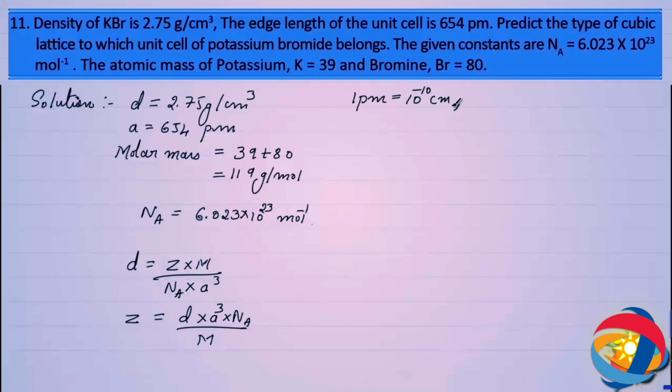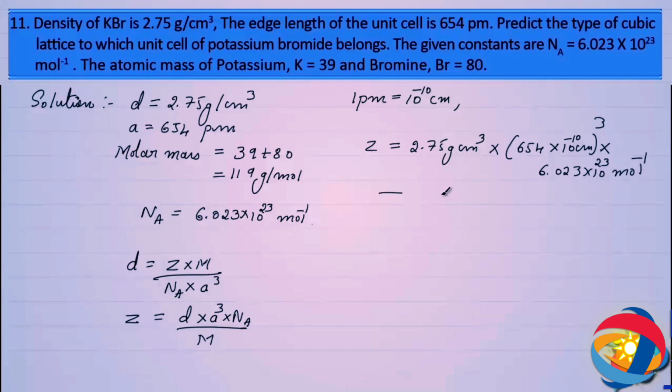By substituting the above values in the equation, we get the value of Z as 2.75 gram per centimeter cube into 654 into 10 to the power minus 10 centimeter the whole cube into 6.023 into 10 to the power 23 per mole, the whole divided by 119 gram per mole.